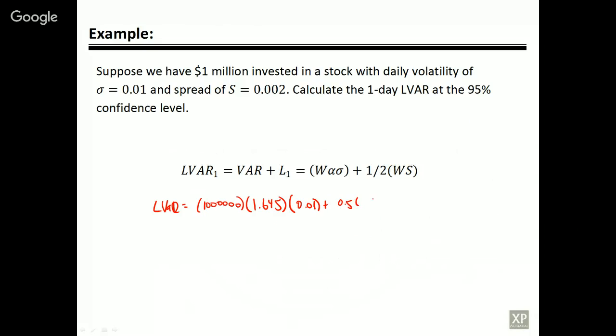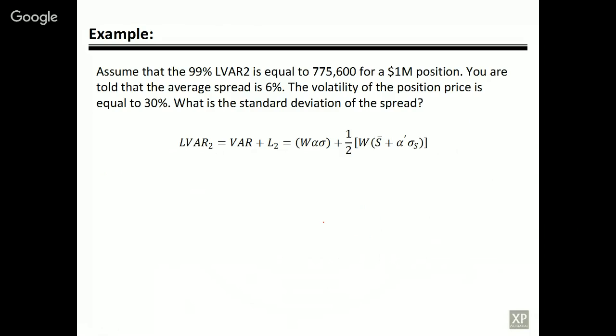Plus 0.5, again, multiplied by W, 1 million, multiplied by S, our spread, 0.002. And that gives us 17,450.